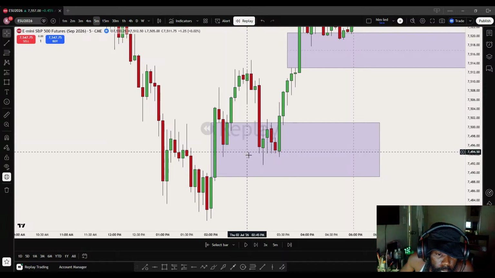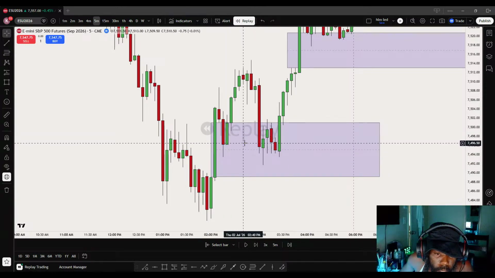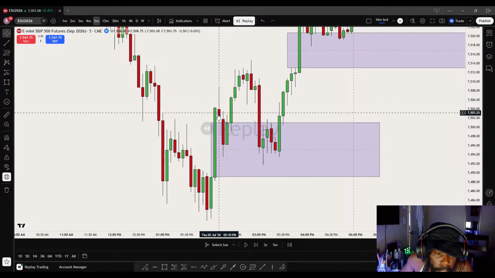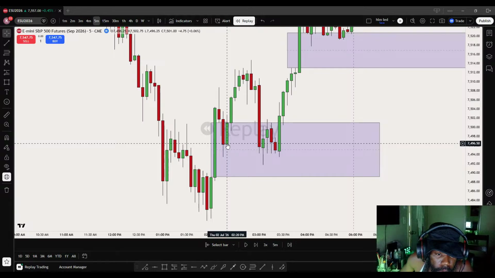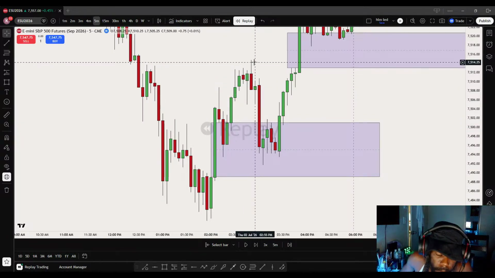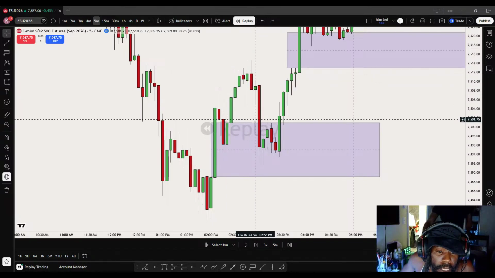We got our lower half and our upper half, right? Cool. We see here the fair value gap was made, and then we came back into it, stayed in the upper half, and then we ran away from it, right? Cool. Now, price rallied back down into the fair value gap.